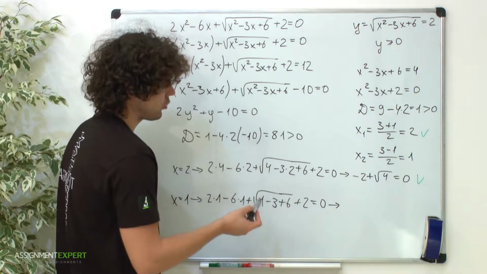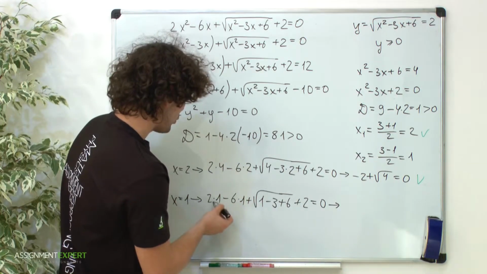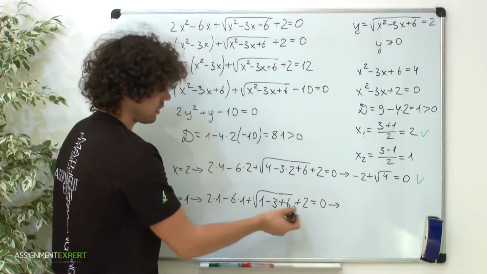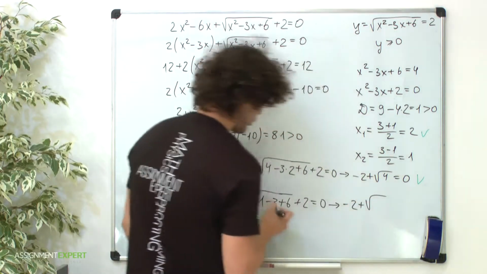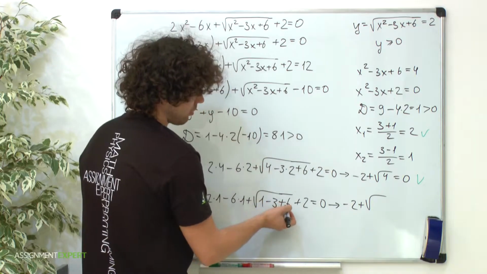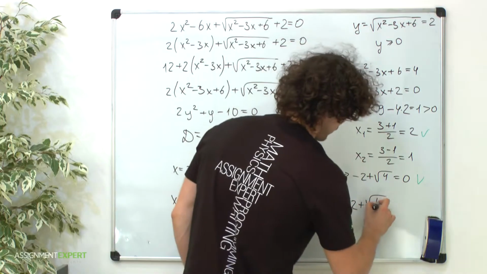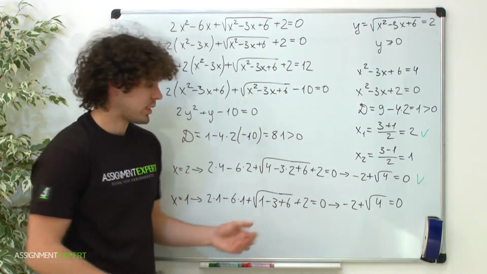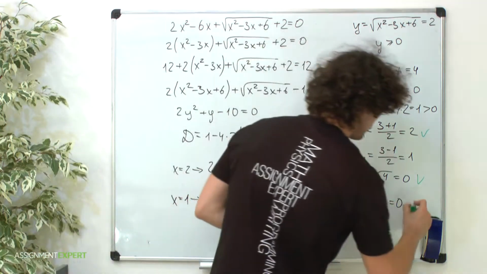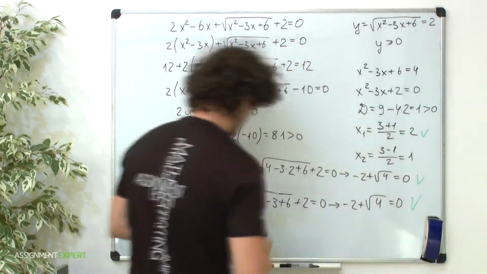The terms without roots give us 2 minus 6 plus 2, which is negative 2, plus the square root of 1 minus 3 plus 6, which is the square root of 4, equals 0. So we obtained the same result. The second root also fits.